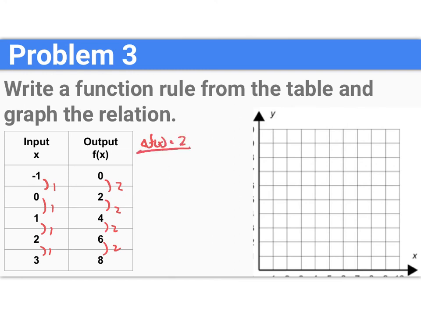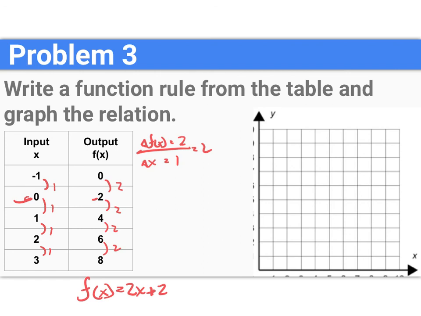And we get that by subtracting: 2 minus 0, 4 minus 2, 6 minus 4, 8 minus 6. Our change in x is 1. 2 divided by 1 is 2. To write our equation, f of x is the rate of change, 2 times your variable, plus when x is 0, you're starting at 2. Okay, so here we go, 2x plus 2.